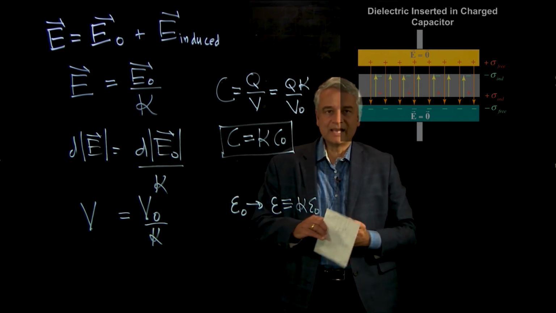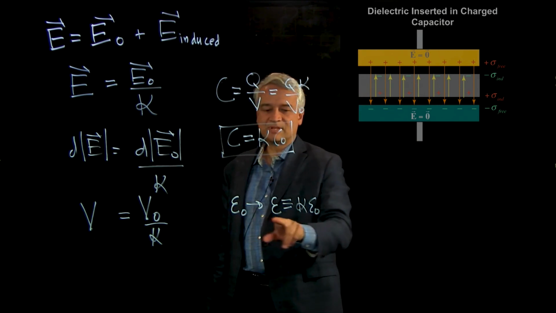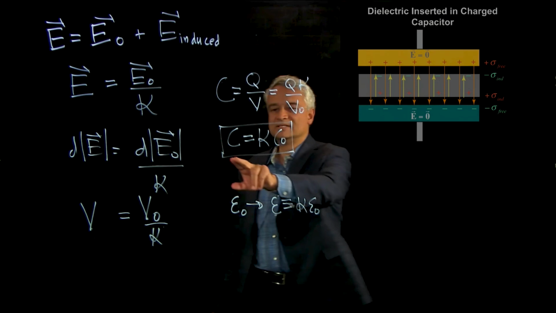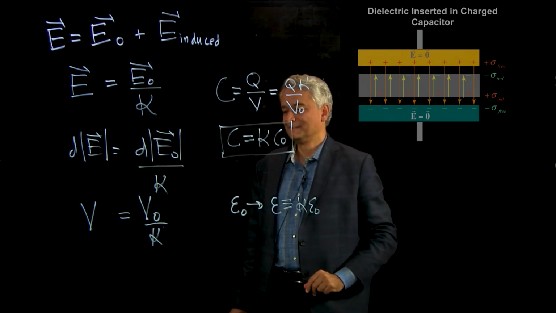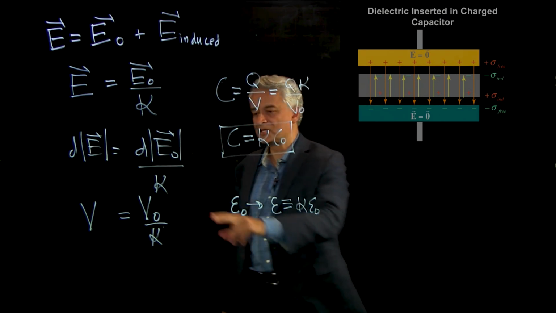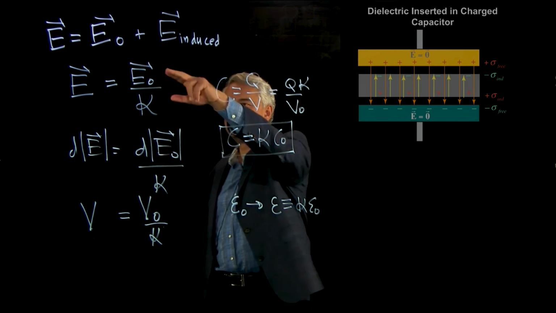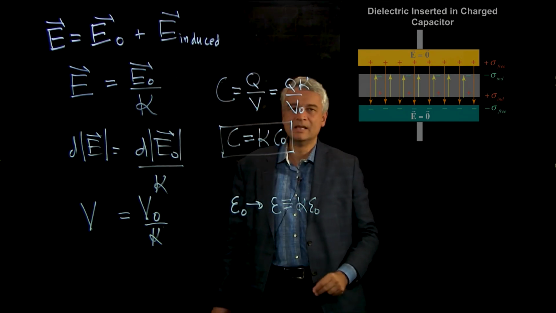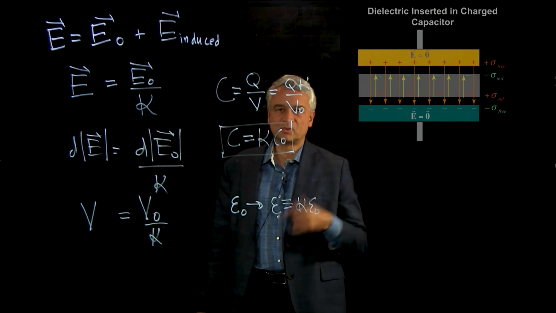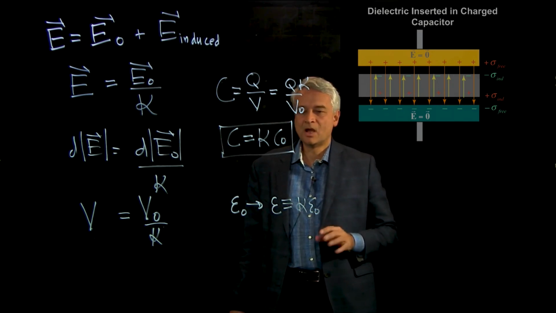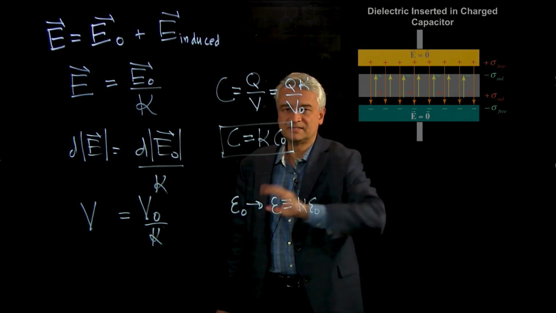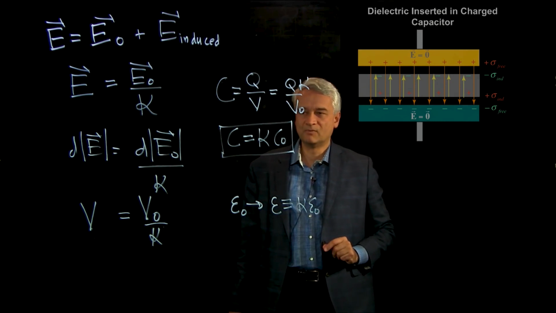So sliding a dielectric in increases epsilon naught by a factor of kappa. It increases the capacitance by a factor of kappa. That means if I hold the charge fixed, the voltage drops by a factor of kappa and the electric field drops by a factor of kappa. But if I hold the voltage fixed, the charge will rise by a factor of kappa. All summarized in this simple way of remembering what I just described.